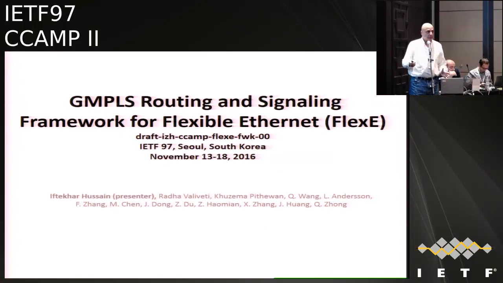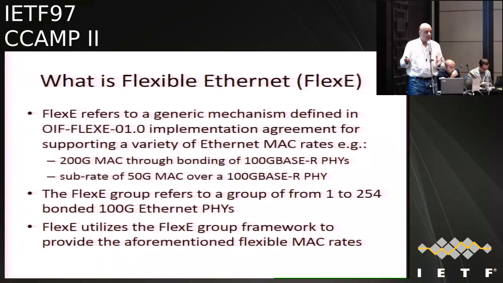For folks who are not familiar with Flexi, this is defined in the OIF implementation agreement. People who are familiar with LAG, a link aggregation group, can take, for example, 100 gig PHYs and combine them, or what they call bonding, and make a group.